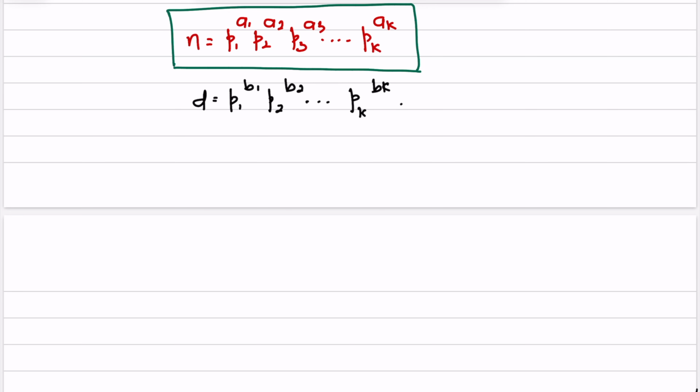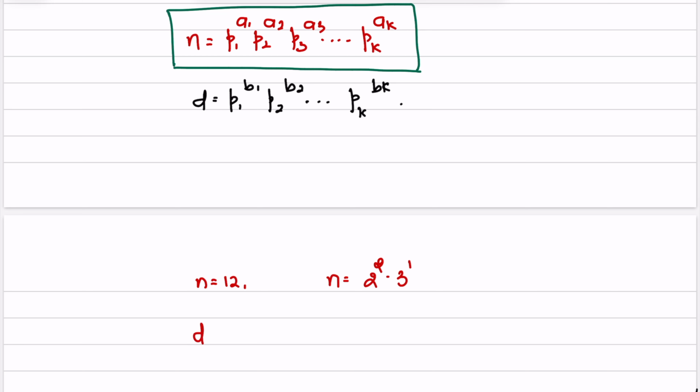And here, for example, to get the clarity, the number n is equal to 12 taken. Same example. N can be written as 2 to the power of 2 into 3 to the power of 1. These are divisors.